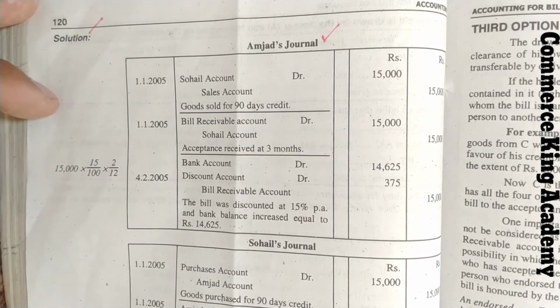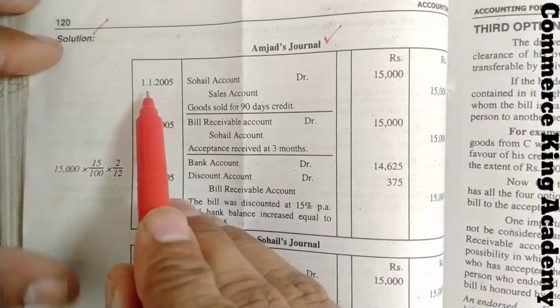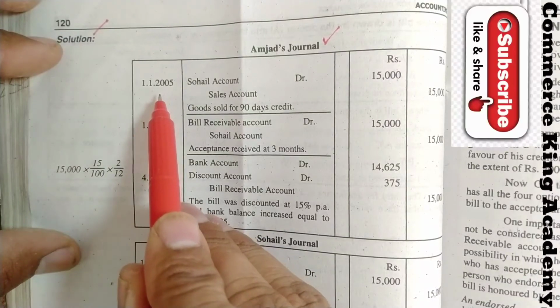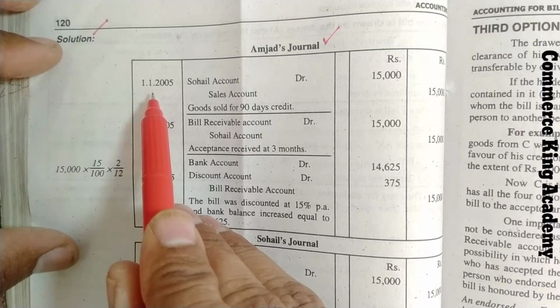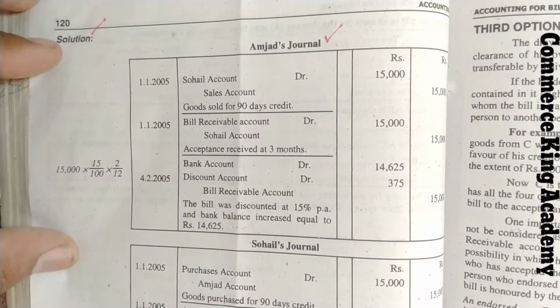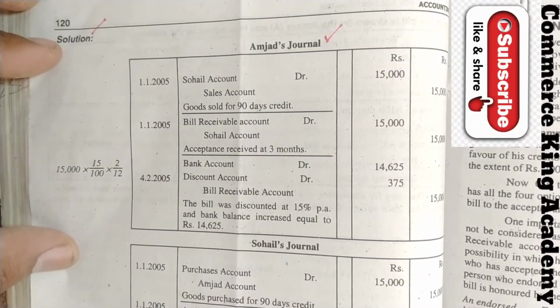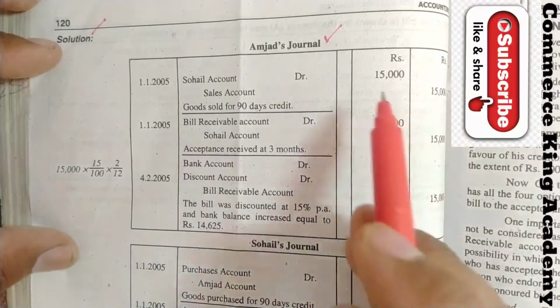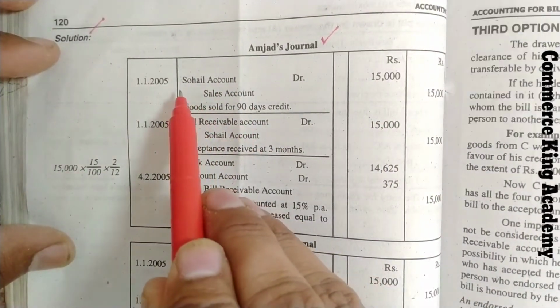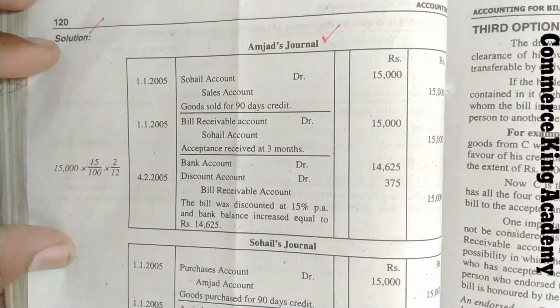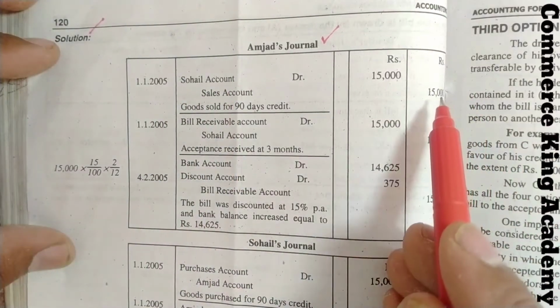You can see here on 1st January 2005, this is the date of selling and making of the bill of exchange between the parties. Mr. Amjad sold goods to Mr. Sohail amounting to 15,000 rupees.